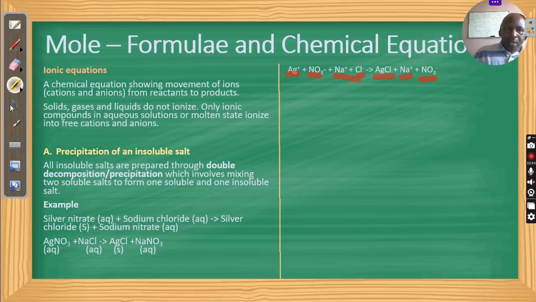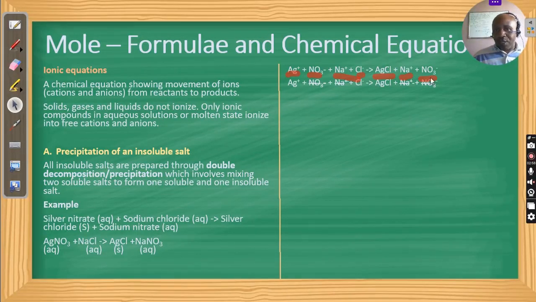Once you do that, you cancel out those that balance on the reactant side and product side. So nitrate will cancel with the nitrate on this side, then sodium will cancel with the sodium on this side, and therefore you are left with the silver ion and chloride ion to form silver chloride. That is the final ionic equation.